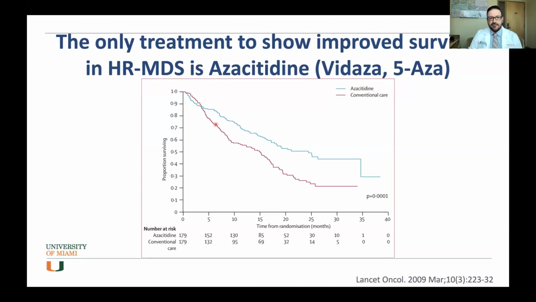You can see in the blue line in this curve, a different population than the patients we were just talking about, but actually pretty comparable survival here, as opposed to conventional care, which means patients that did not get the azacitidine, either getting chemotherapy, best supportive care, or other treatments. Again, this was randomized. The physician would choose the treatment if they were not placed on the azacitidine arm. And this drug is approved and is the standard treatment.